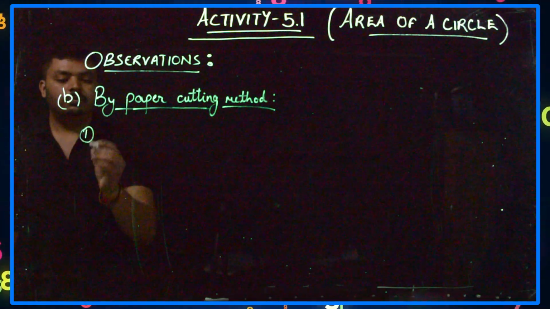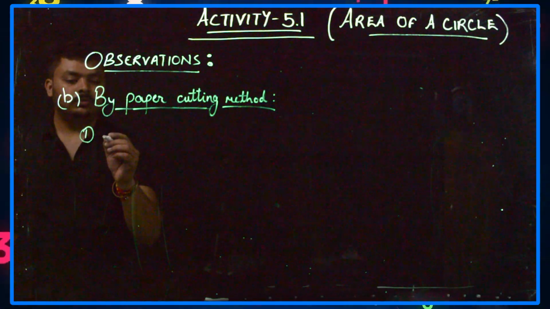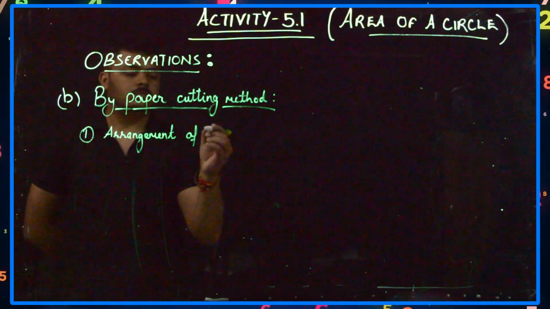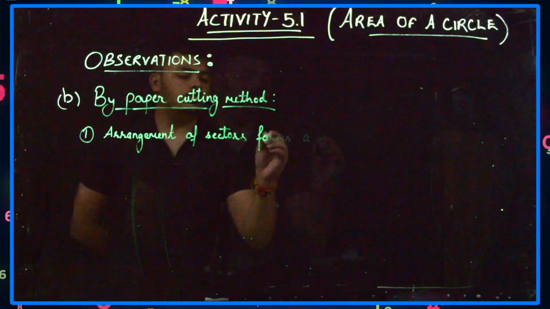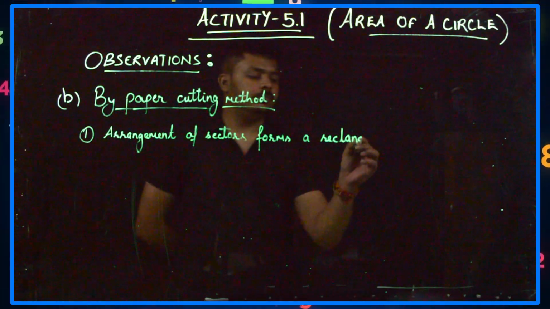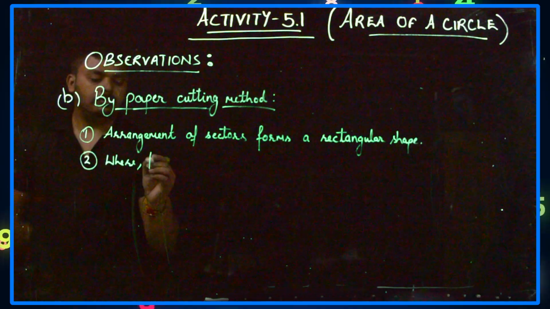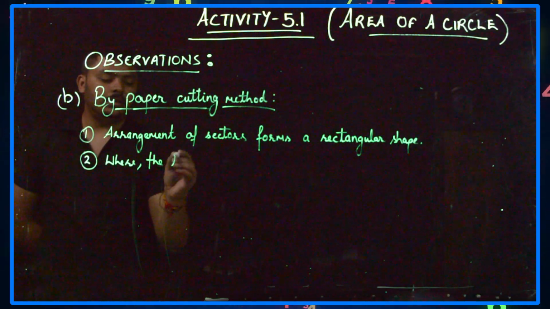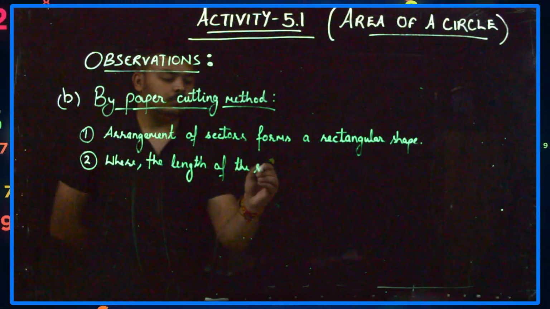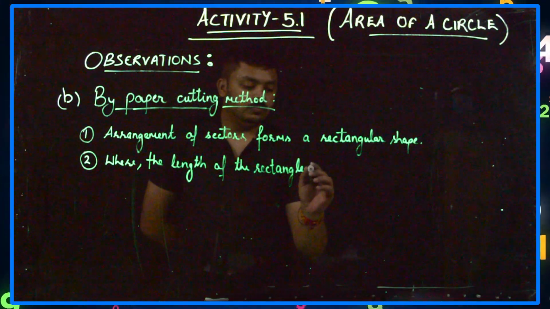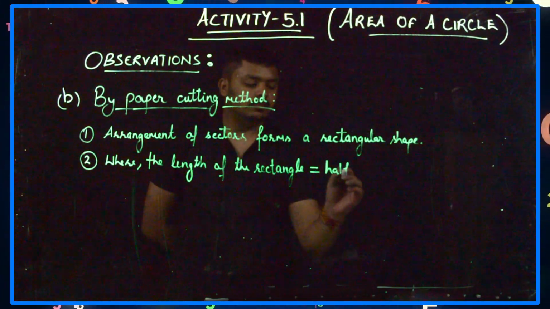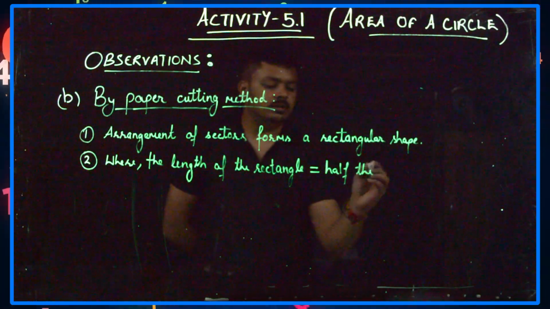First, when we arrange, we see that the arrangement of sectors forms a rectangular shape, where the length of the rectangle is equal to half the circumference of the circle.